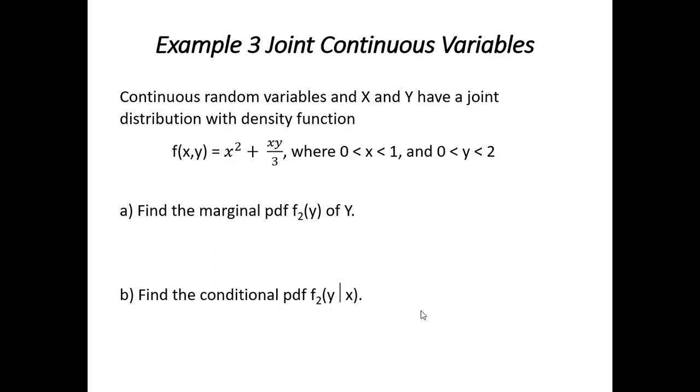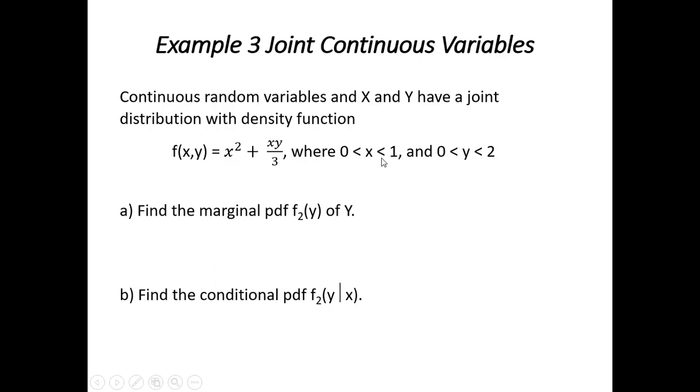In our last example here, we'll take a look at another function, a little bit more complicated than the first two. Let's say we have continuous random variables x and y. They have a joint distribution with a density function given by f of xy is x squared plus xy over 3, where x is between 0 and 1, and y is between 0 and 2.